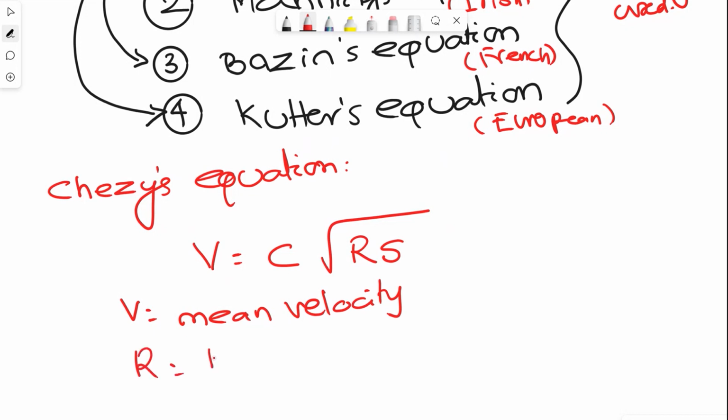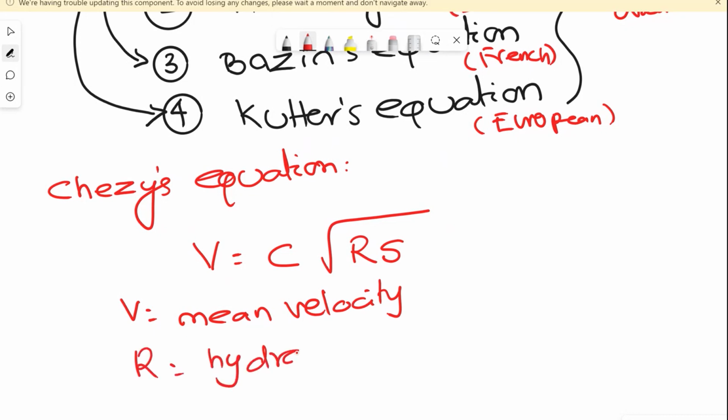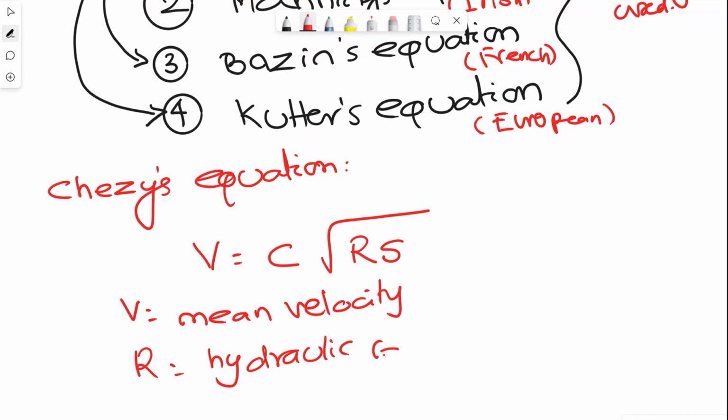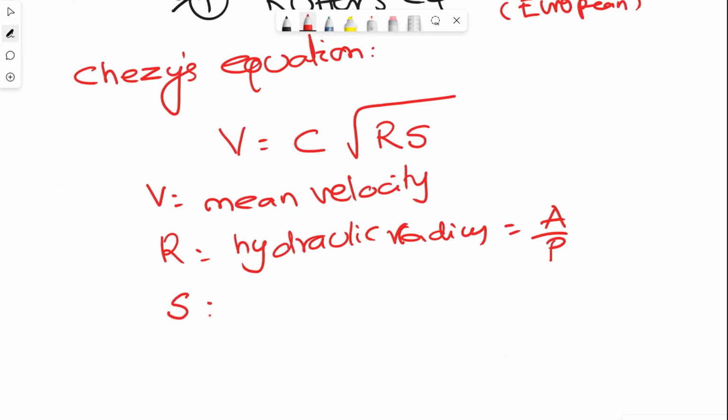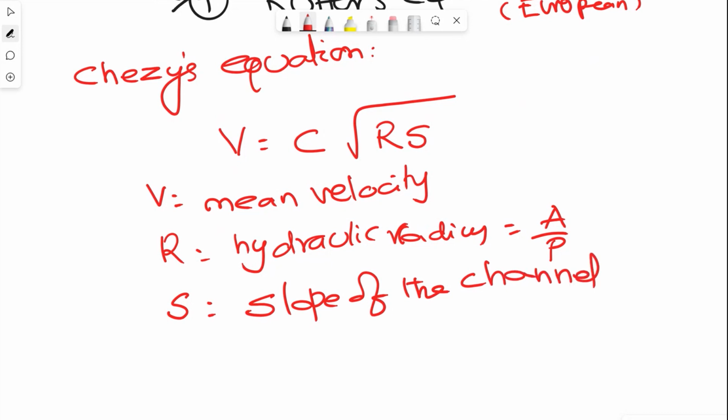R is equal to hydraulic radius, which is equal to A by P. S is equal to the slope of the channel. So this is the thing. And C is equal to Chezy's coefficient.